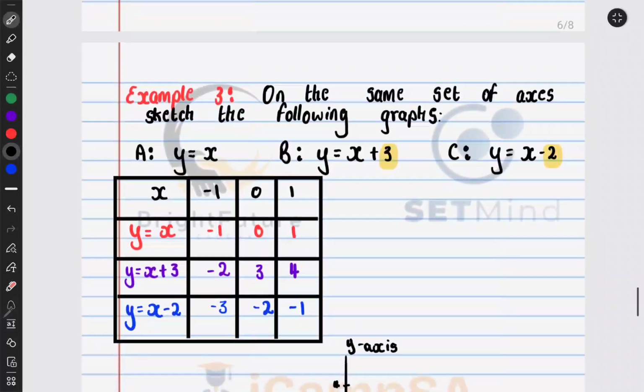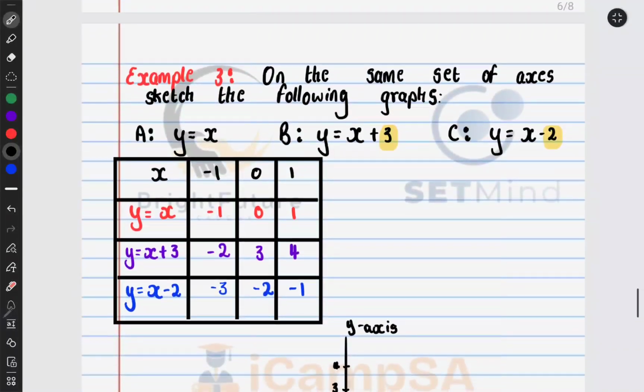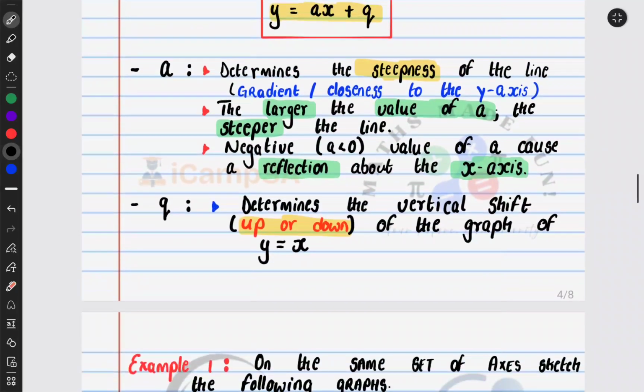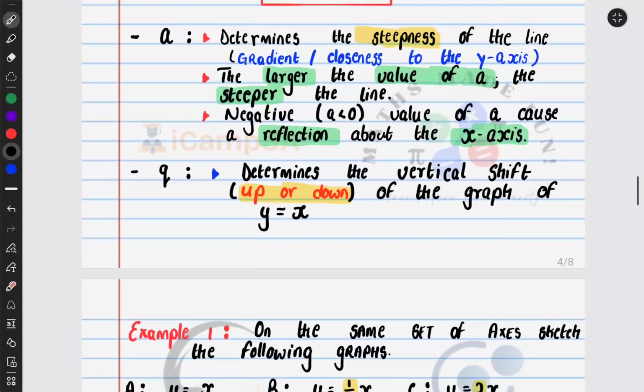Okay, so now we're dealing with the vertical shift, because we said q shifts the function up or down, vertically. So I think what I forgot to mention here is that a positive q would shift the function upwards, and then a negative q would shift the function downwards. Maybe we can put that here.